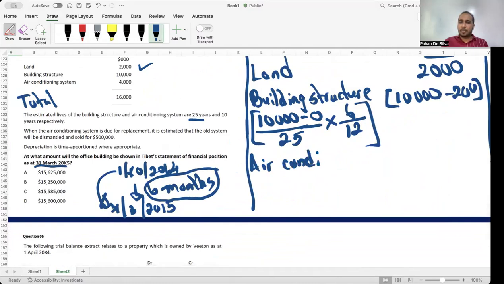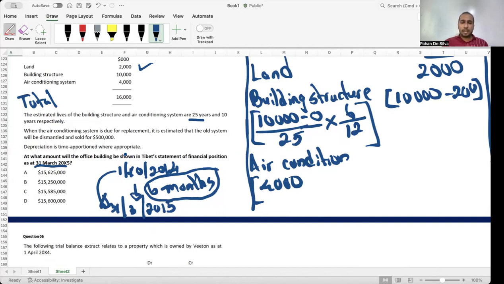The next component is the air conditioning system. What is the cost? As per the question, the cost is 4,000, but there is an indication of the residual amount. When the air conditioning system is due for replacement, we dismantle the old system and purchase a new one in 10 years' time, because 10 years is the useful life of this air conditioning system.